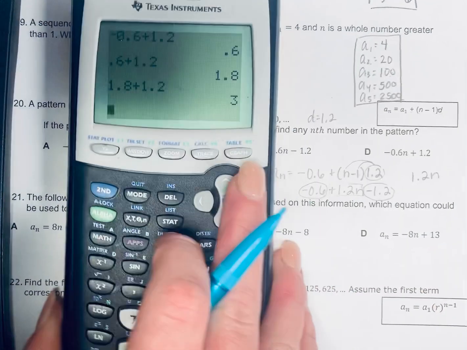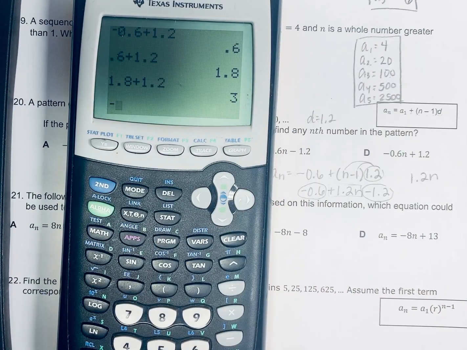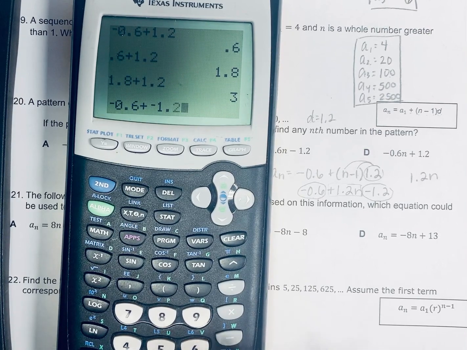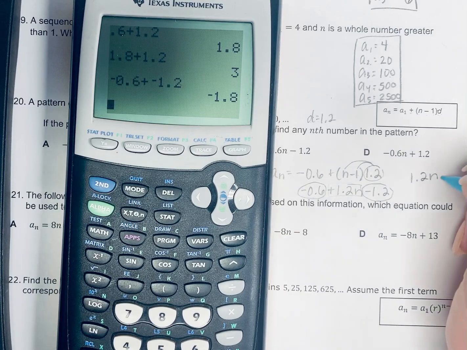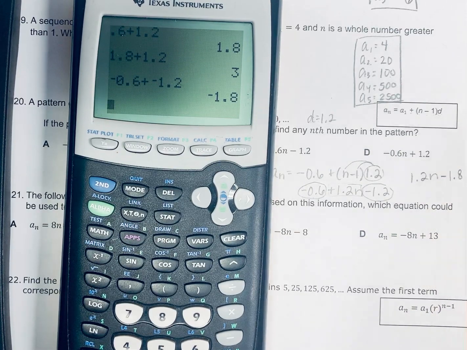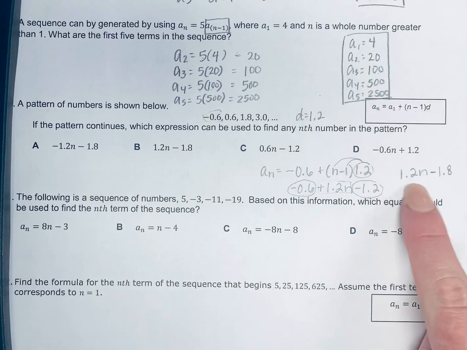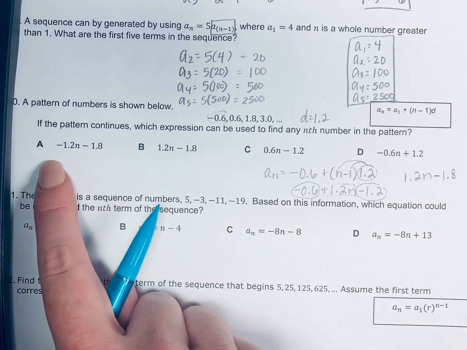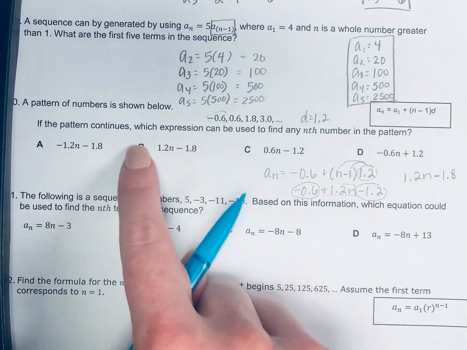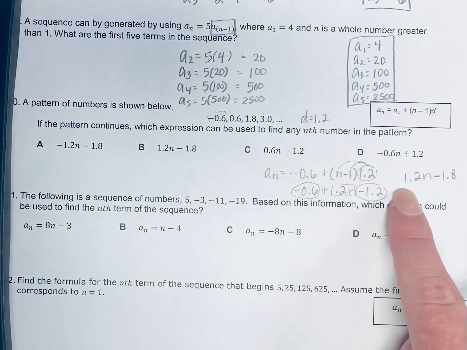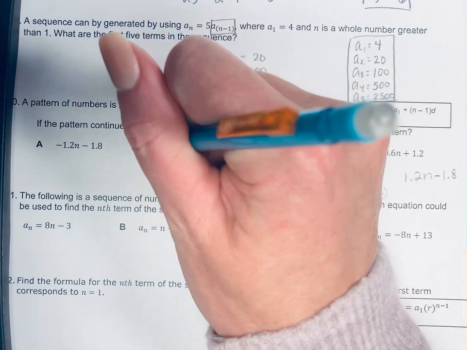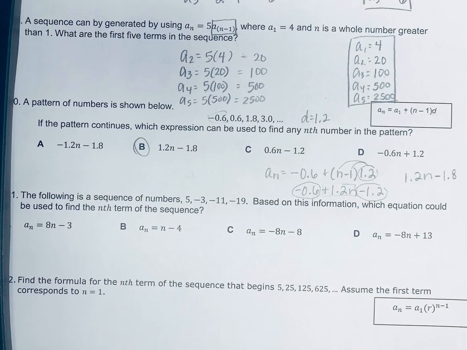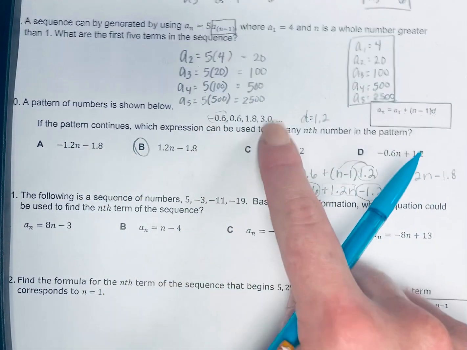So I'm going to combine those together. Negative 0.6 plus negative 1.2 is negative 1.8. Okay, so this should be my formula. If you look through your answer choices, you should see answer choice B, that looks just like that. So this would be the formula you could use to create this sequence.